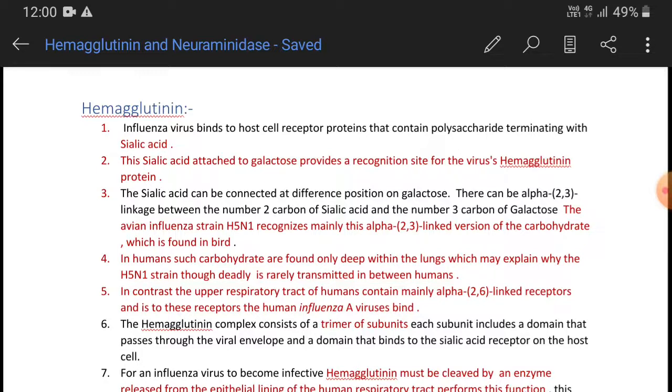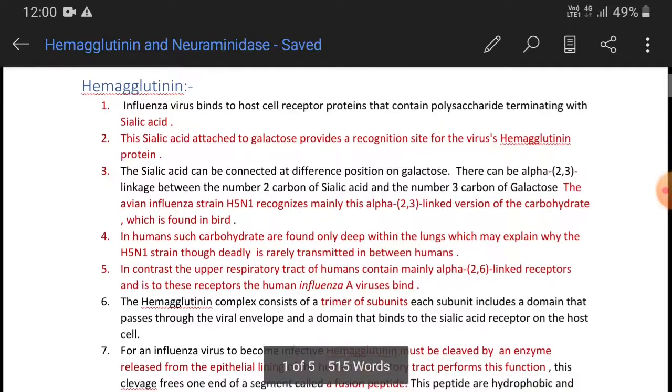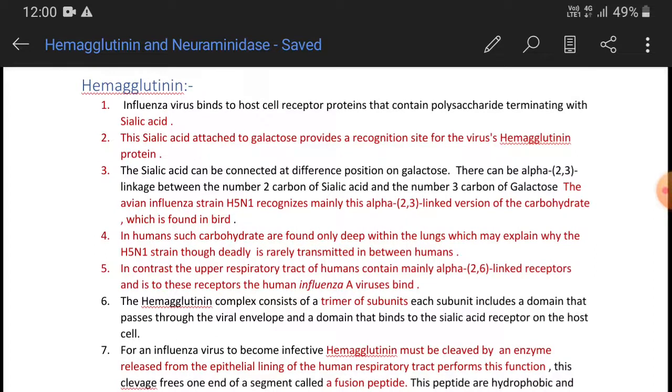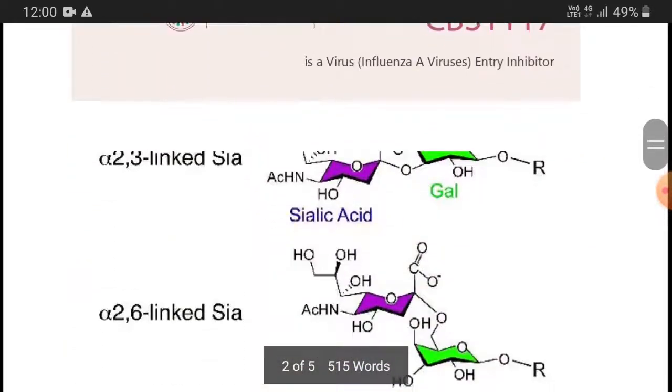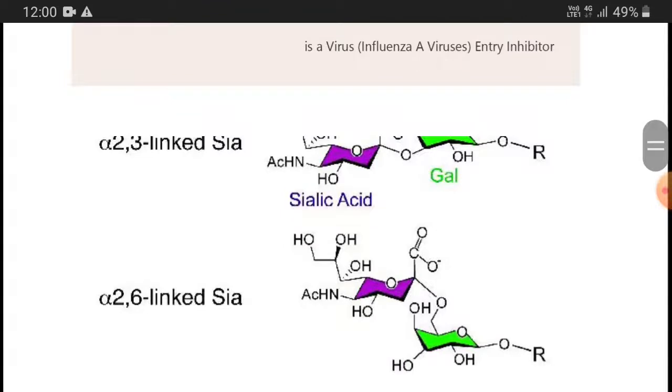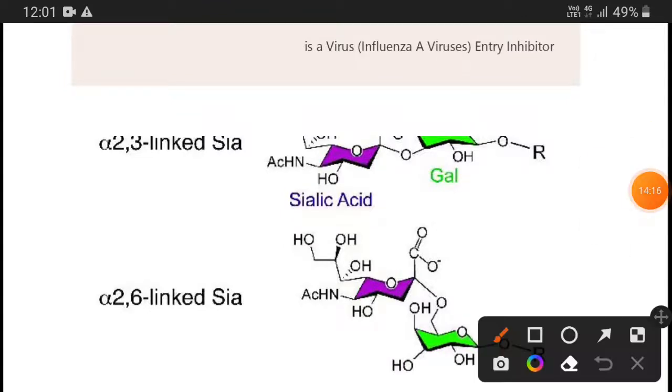This hemagglutinin has the ability to interact with host cell receptors that contain polysaccharides terminating with sialic acid. Why are they recognizing this kind of receptor? Because hemagglutinin has the ability to recognize a special type of linkage between sialic acid and galactose. This linkage is known as alpha linkage.